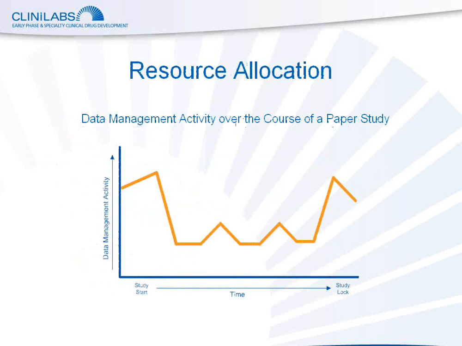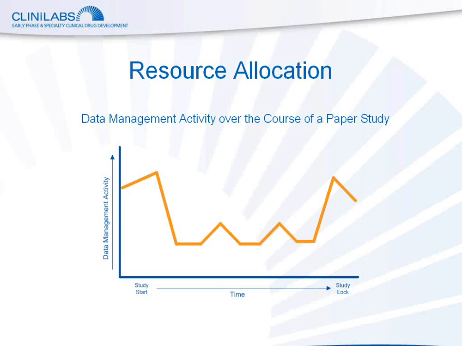So with the shift from paper to EDC, resource allocation must be reassessed. Here's a very general graphical representation of the level of data management activity over the course of a paper study. In paper studies, the data management work has traditionally spiked at the start and end of the study.